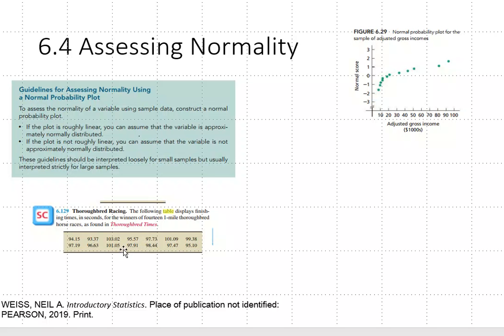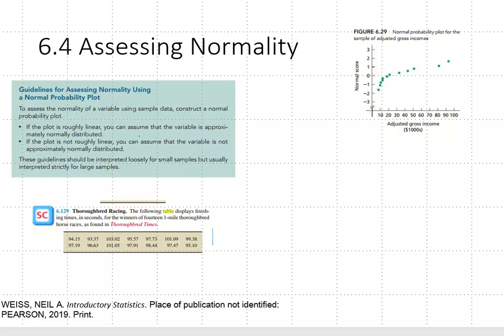To begin, we have to put this data set in order, and then go to a table in the textbook, Table 3, and look up the normal score. So the normal scores will be the vertical axis. The horizontal axis is what's given in the problem, and the normal scores are given in the table.